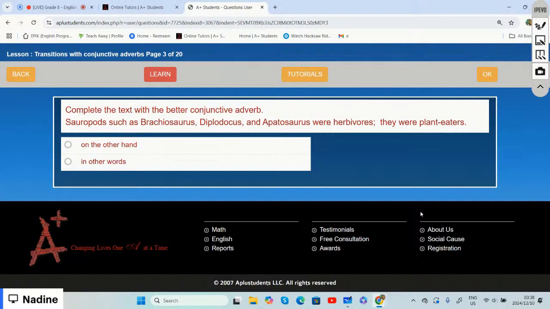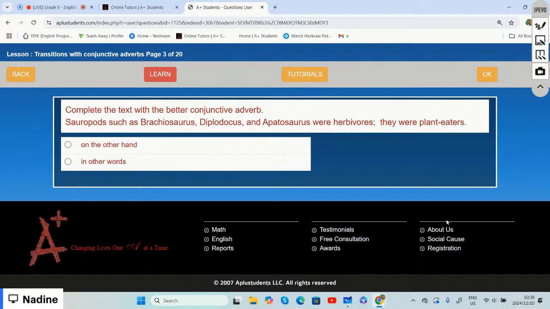The next one says sauropods such as Brachiosaurus, Diplodocus, and Apatosaurus. They were herbivores, meaning they were plant eaters.